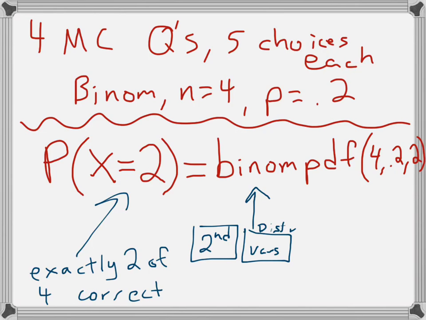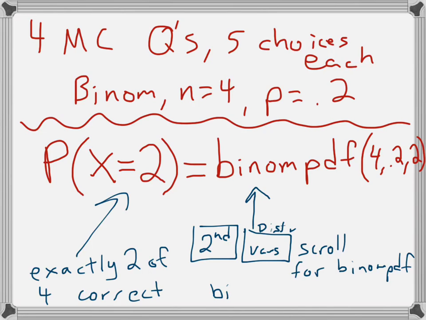Then we're going to scroll down, and you'll see binompdf. You'll press enter, and then it will either ask you for trials, probability, and number of successes, or it'll just give you an open parentheses.